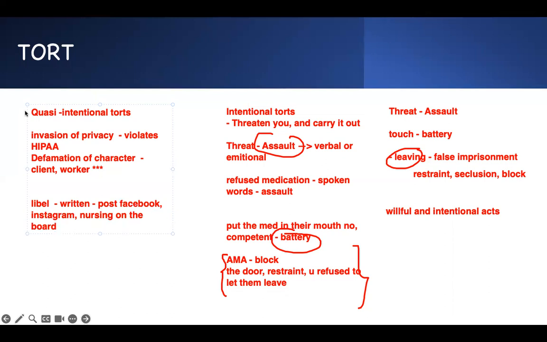You say, hey, your colleague has HIV, even though it's not true. It's falsified information. That's the key. It's not true. It's things about them that are not true. You tell them the patient hates so and so, even though they don't hate so and so. You say things about them that are not true, and you post it, and then they get mad. That's defamation of character.